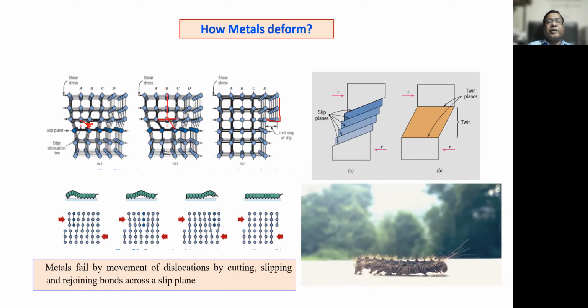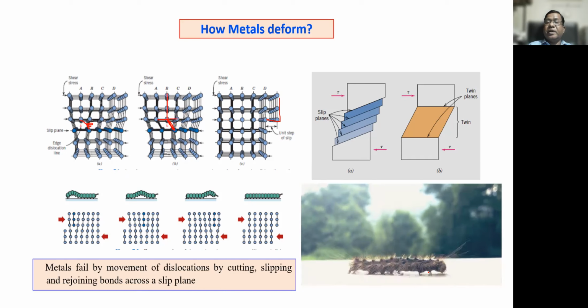Then in the next stage, this bond will form and this bond will break. So now it will be like this. This is the same explanation in two dimensions, and we can see the caterpillar. It has so many legs, but it is not taking all legs up at a time.